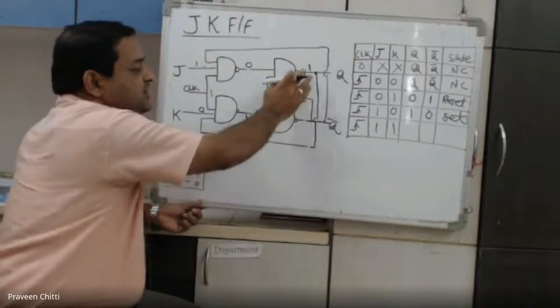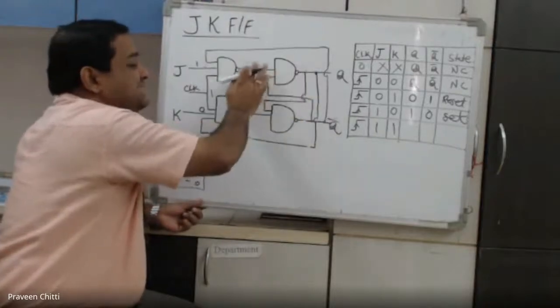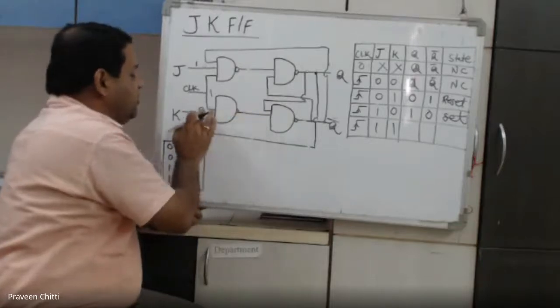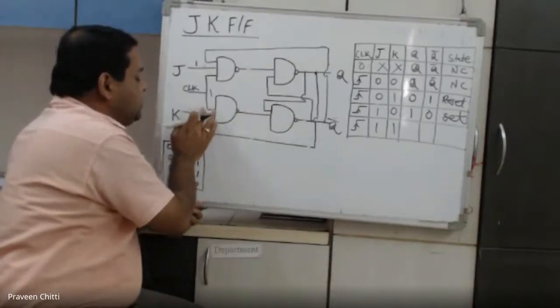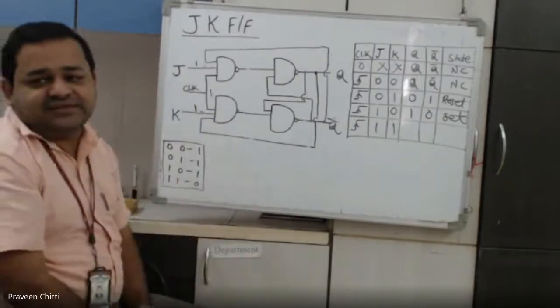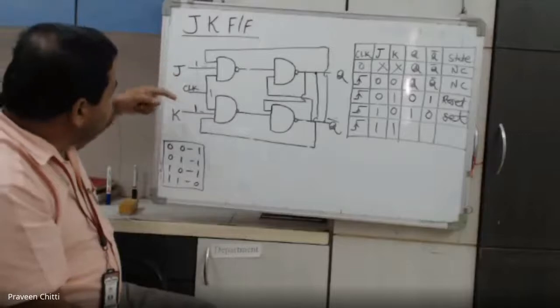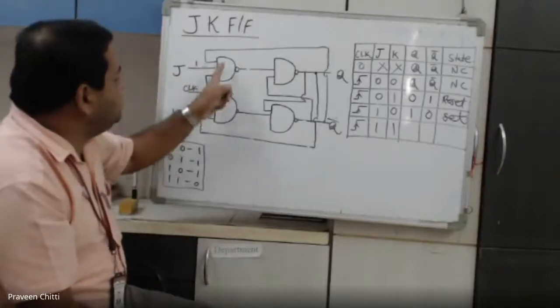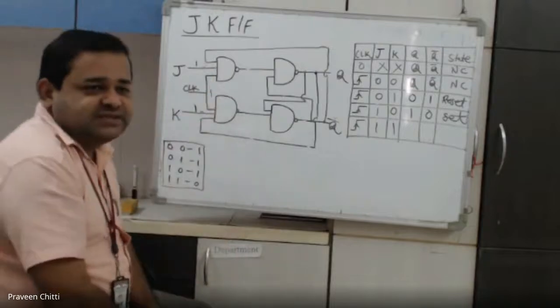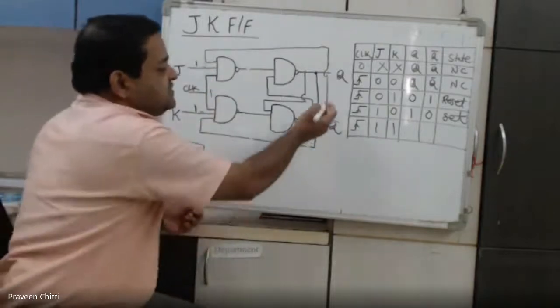Up to this point, the JK flip-flop exactly behaves like your SR flip-flop. Now we'll see the important input combination, that is when both are 1 1. When both are 1 1 and clock is 1, we will not be able to decide the output of these two gates. So for that we need to assume the previous state.